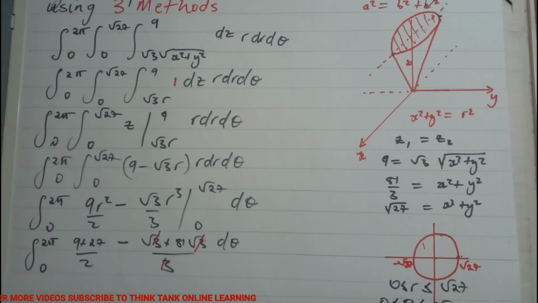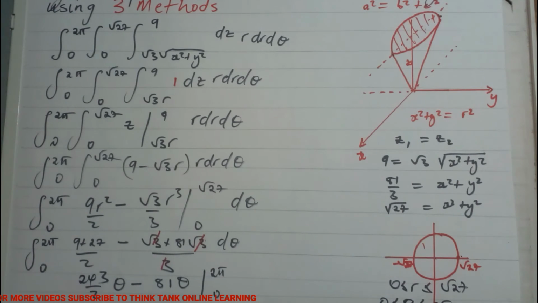Okay, and now I am integrating with respect to theta. So I'm going to just add theta to this constant. So I'm going to have 9 times 27 divided by 2. That is 243 over 2 theta minus 81 theta, 2 pi 0.